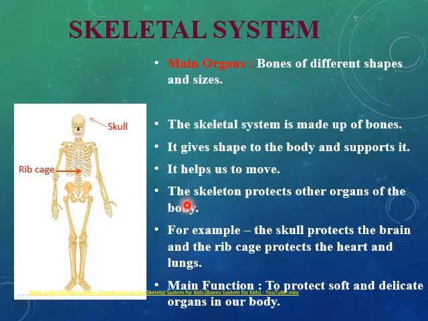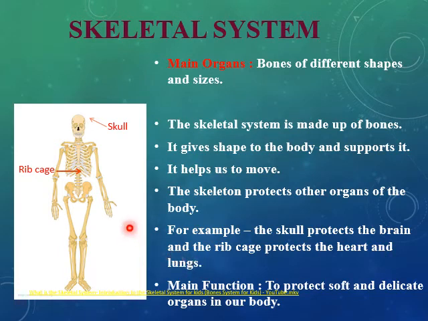Then the skeletal system protects the other organs of the body. Along with this, the skeleton protects the internal organs of the body. For example, the skull protects the brain and the rib cage protects the heart and lungs.